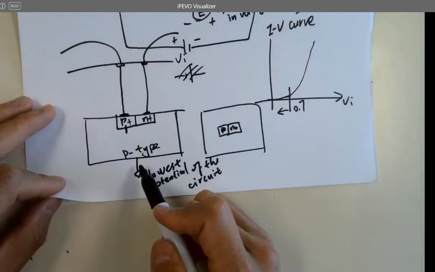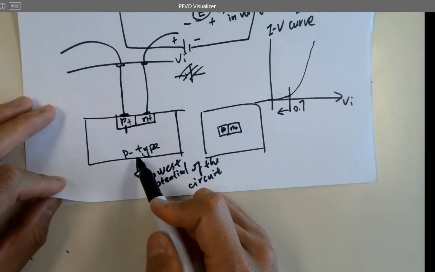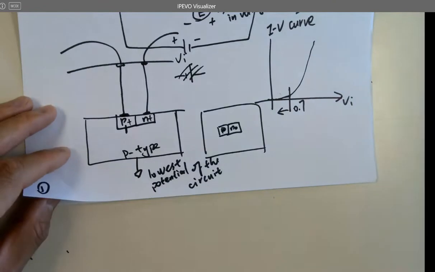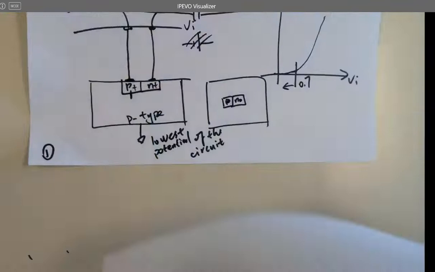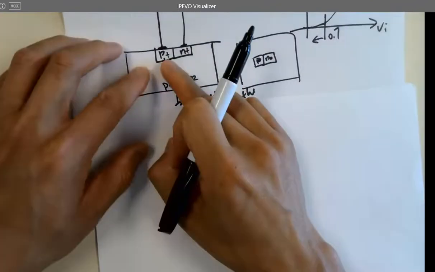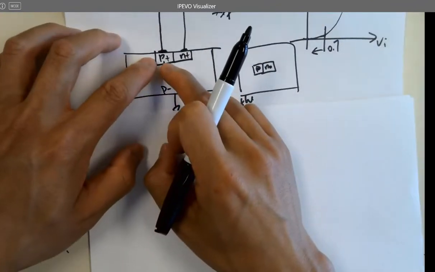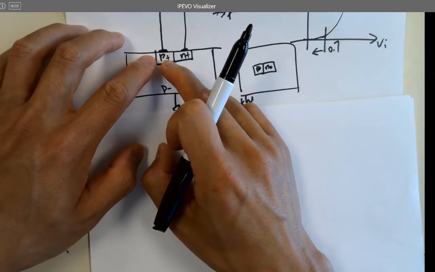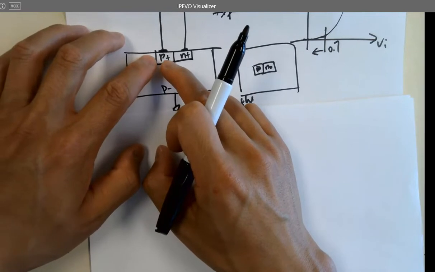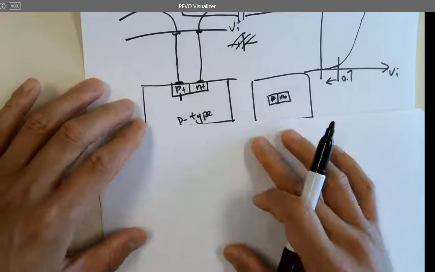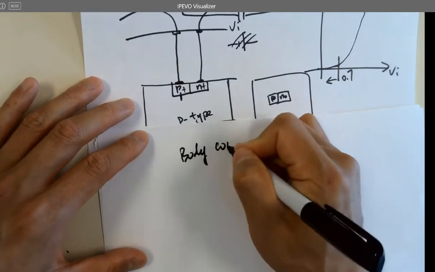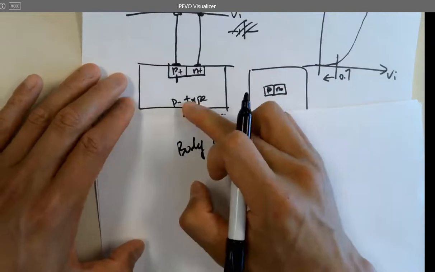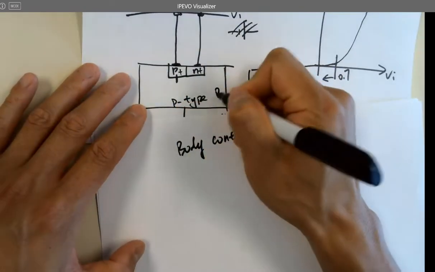How do we ground it? How to ground the substrate? These nodes are called a P-tap, or a body contact, because this is called the P-type substrate, or P sub.